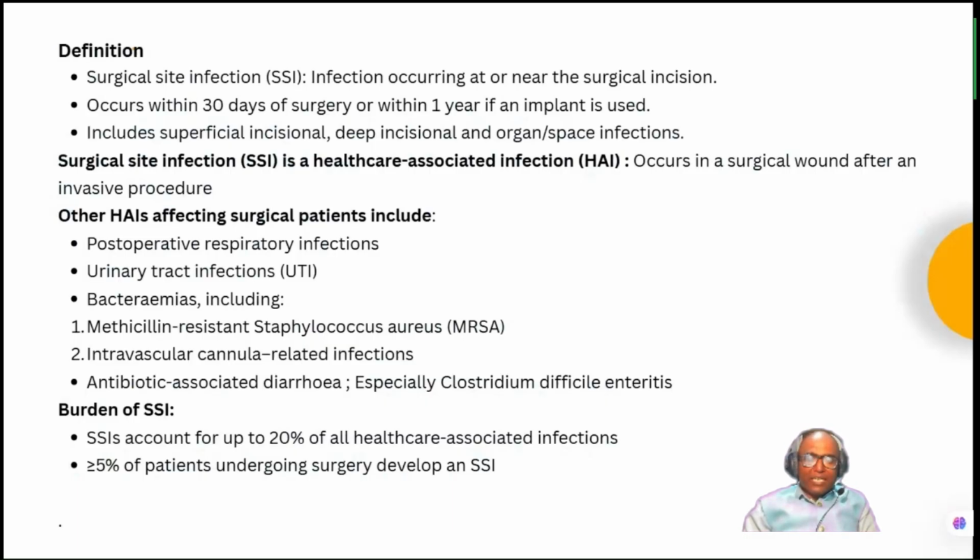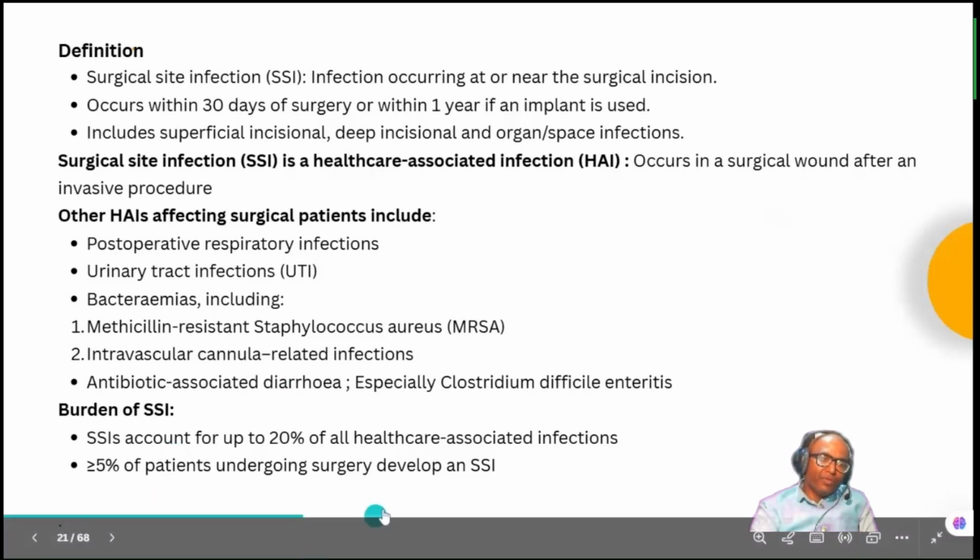And what is the burden? They can ask you this for SBA. SSI accounts for up to 20% of all healthcare associated infections. So 1/5 of all HAI, that is healthcare associated infection, is surgical site infection. And among all surgeries, 5% are likely to have SSI.